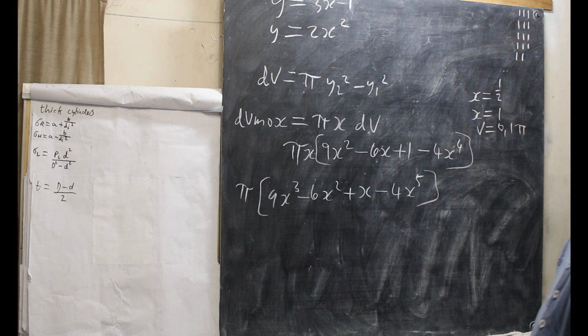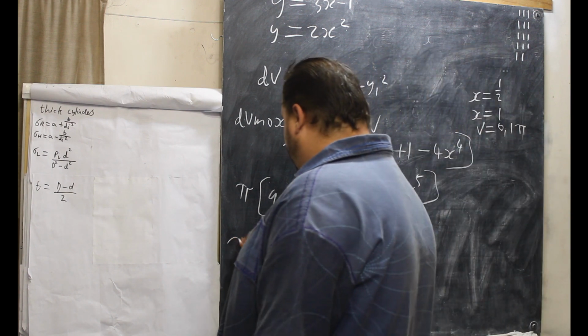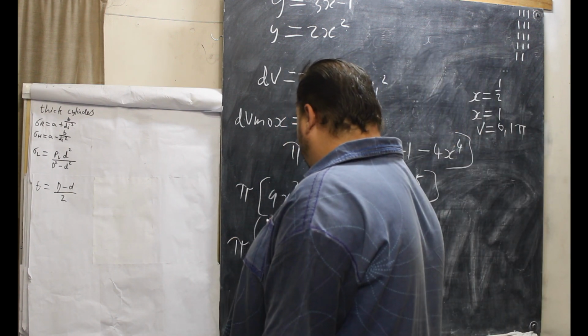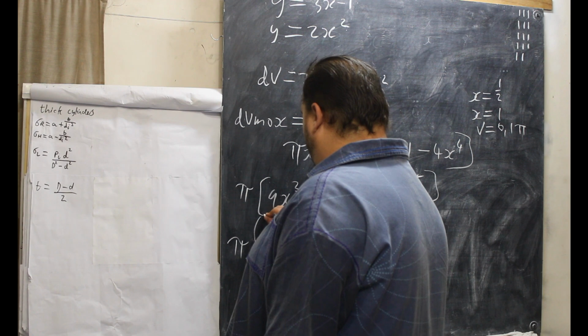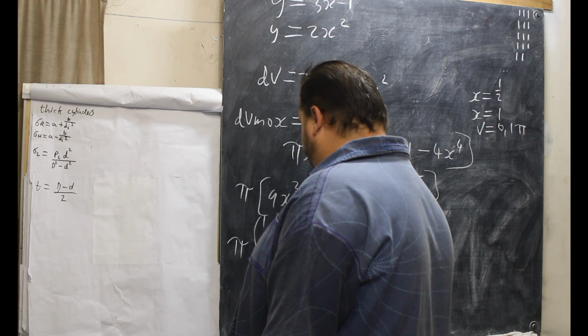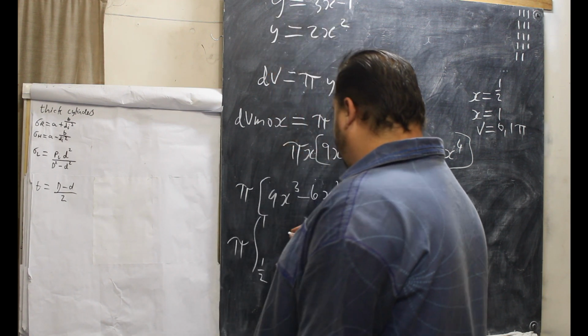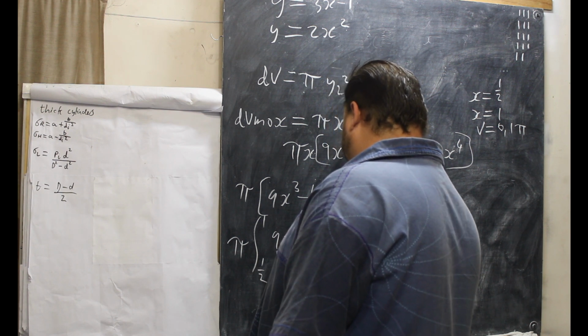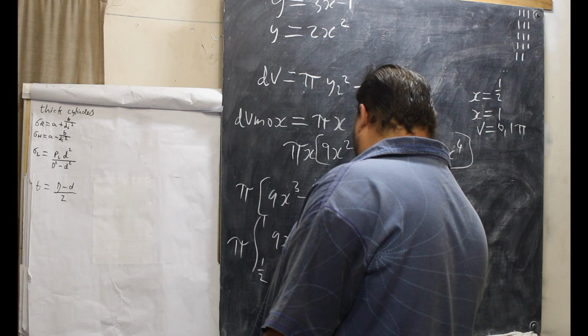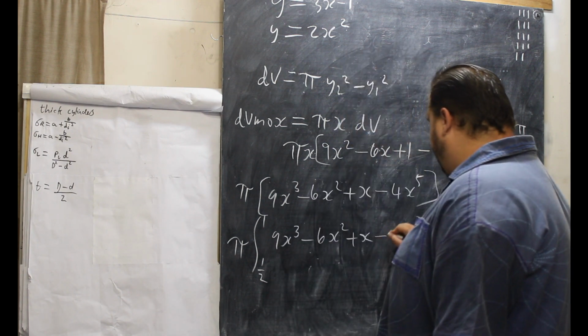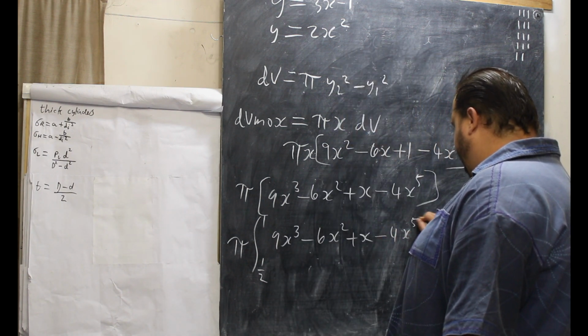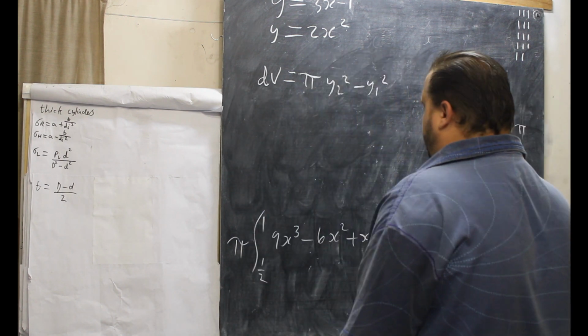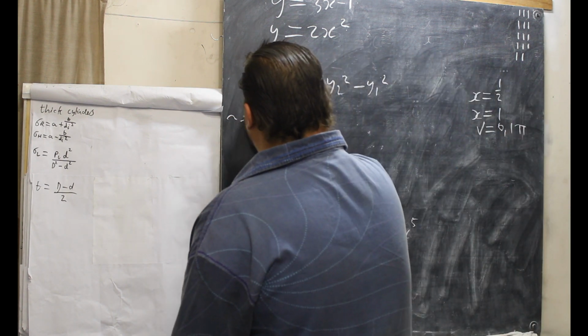Okay, now we're going to integrate pi 1½ again, so 9x cubed minus 6x squared plus x minus 4x to the fifth. Now we're going to integrate pi.